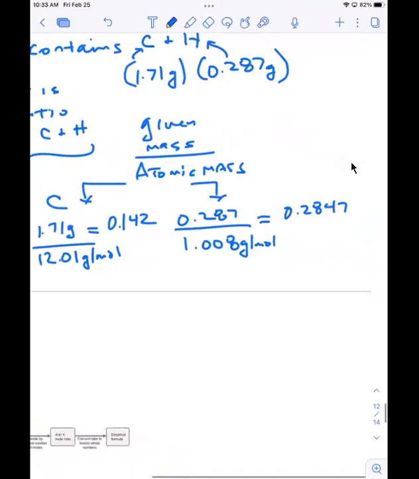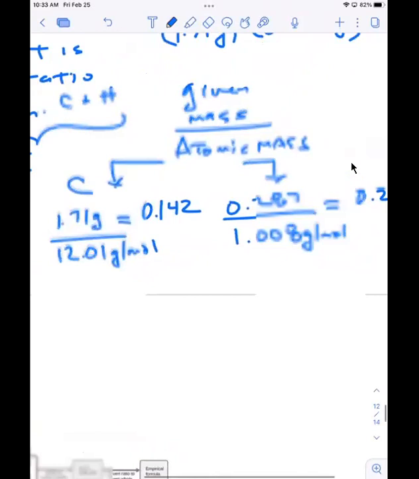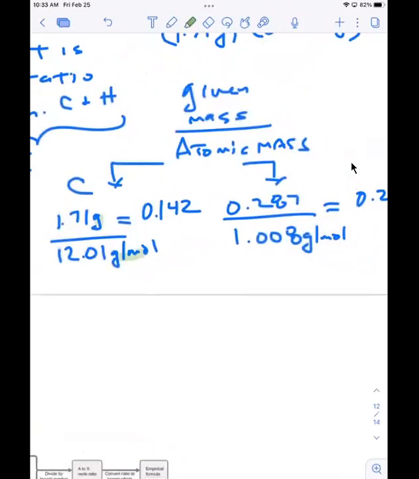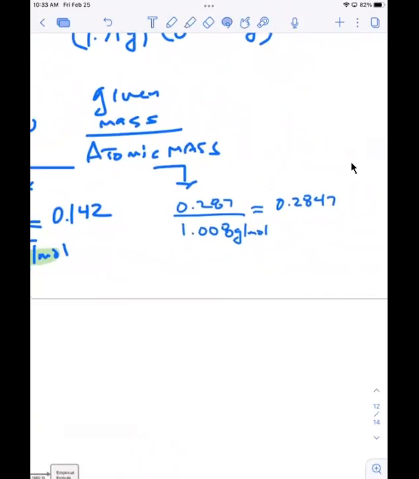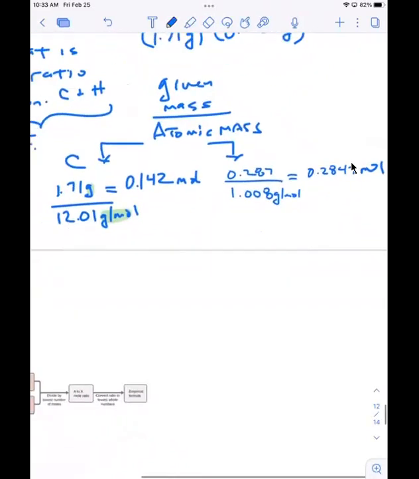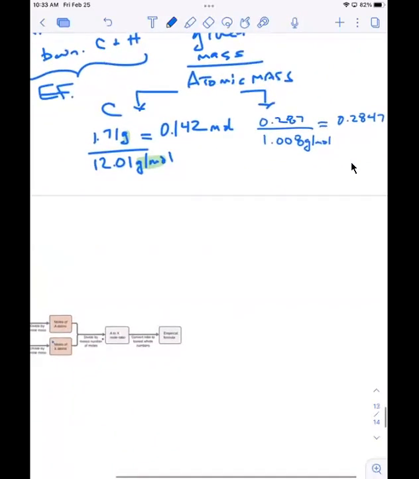And this is moles now, because this is grams and this is grams per mole. So the answer is going to be in moles. And that's what we want. We want to find the mole to mole ratio. So the way we set this up is actually pretty simple.